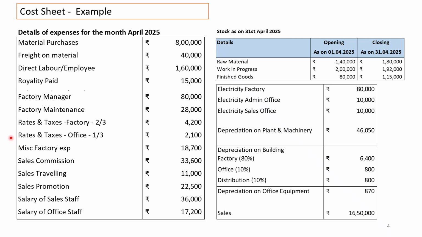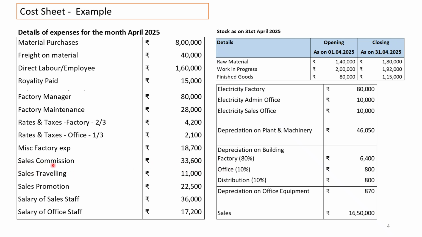Then rates and taxes of office, salaries of office staff, electricity office, depreciation of office building, depreciation of the office equipments will come under administrative overheads.